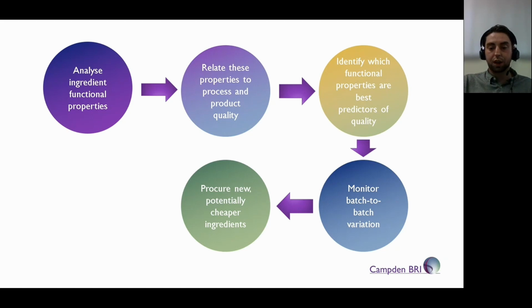So for example, the gelling properties of an egg or an egg material will be very important for cake manufacturing, but may not be so important for mayonnaise manufacturing.